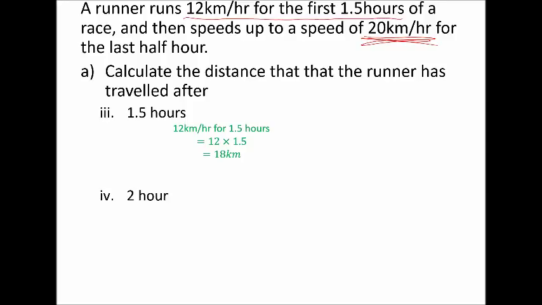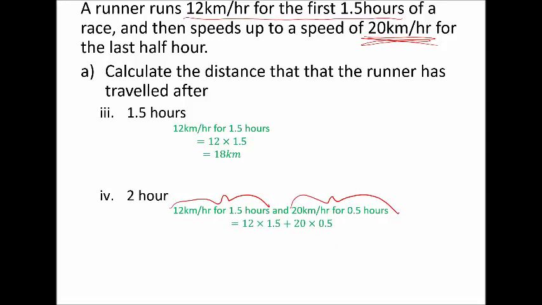But then she's going 20 kilometers an hour for half an hour for the rest of that time. So there's two distinct, important parts to this run. So 12 times 1.5 for the first bit, plus she's then going 20 kilometers an hour for half an hour. That's 18 plus 10. She's gone 28 kilometers after 2 hours.